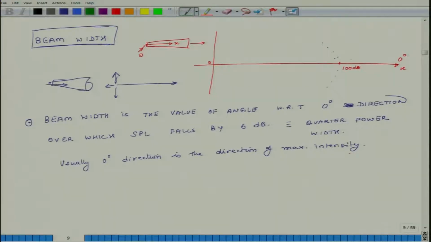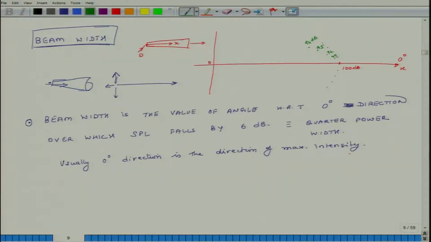At 20 degree angle it is 98 decibels. At 30 degree angle it is 95 decibels. It could be anything. And at 40 degree angle it is 94 decibels.